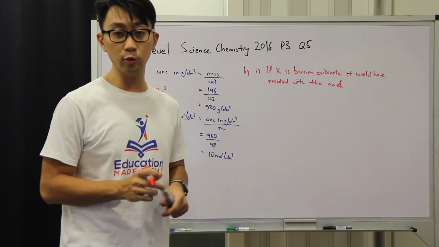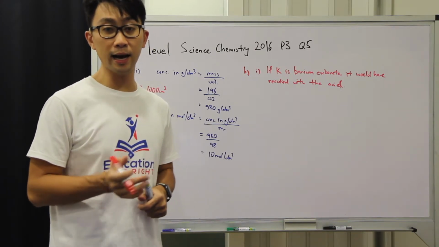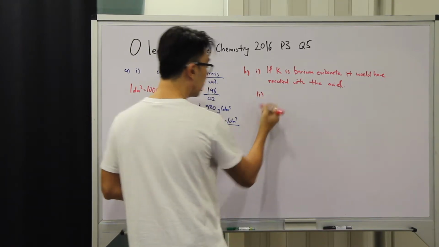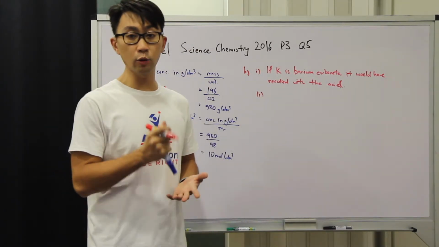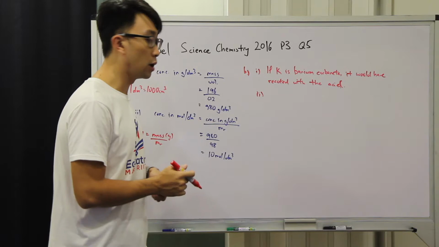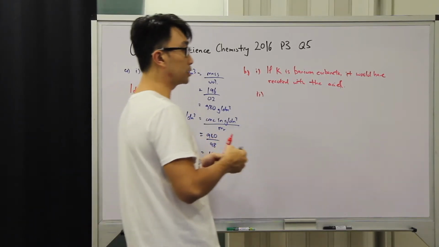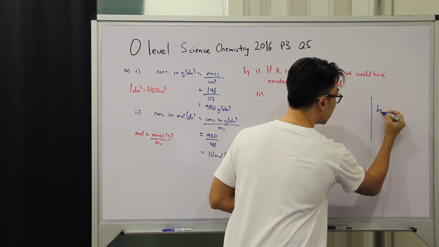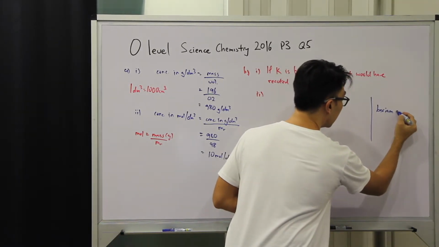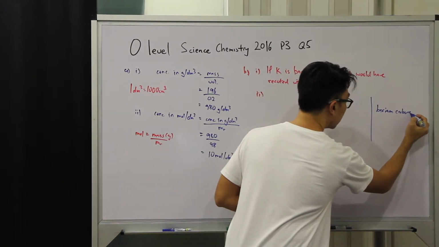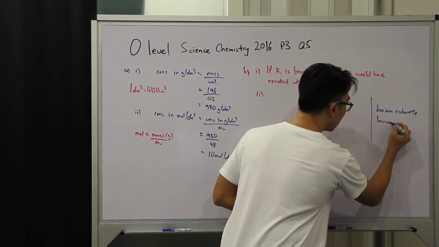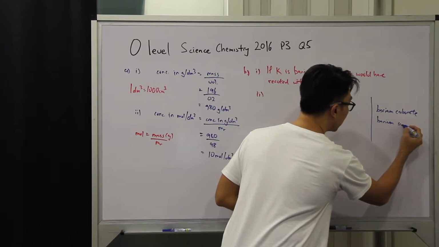Alright, so let's look at part 2. Suggest the identity of K. Since K is a white precipitate, for barium we only learn 2 insoluble salts of barium, which is barium carbonate, and the other one is barium sulfate.